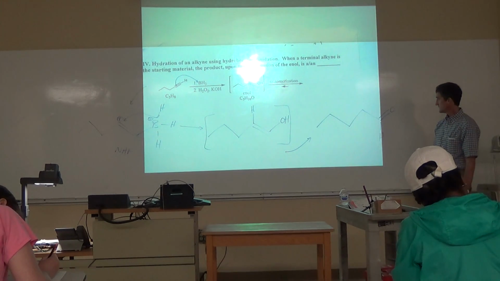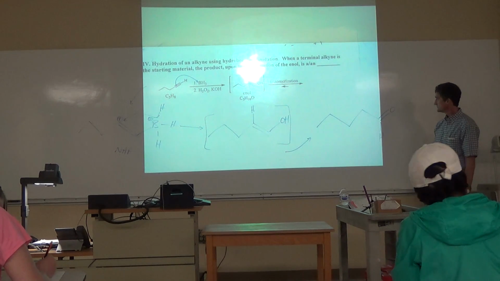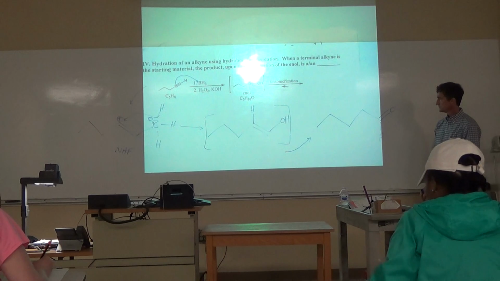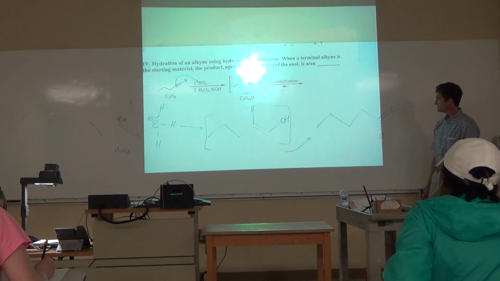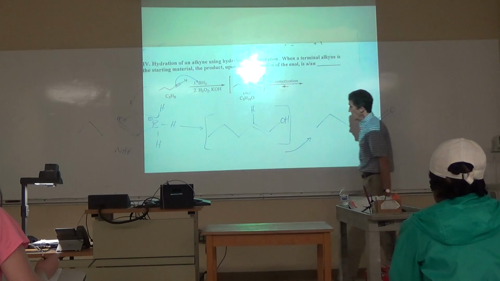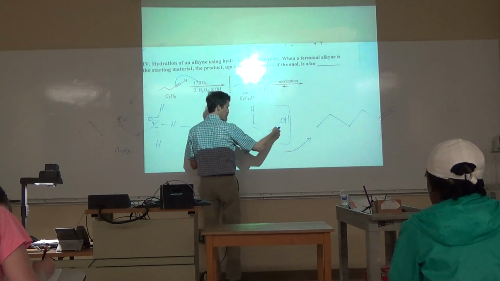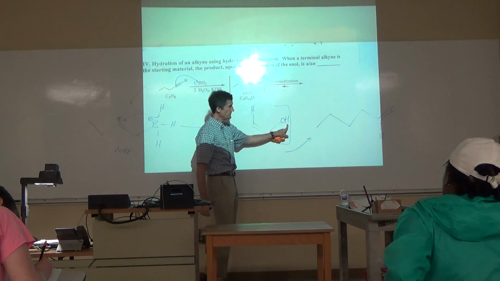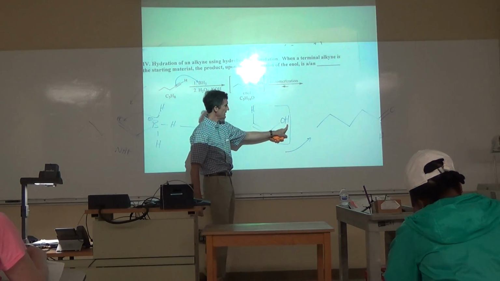We can talk about that, yeah. The double bond ends up here, and we relocate this H. That H is gone from the oxygen, right? Where's this H at now?